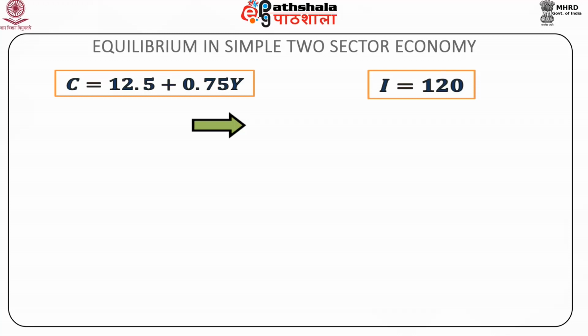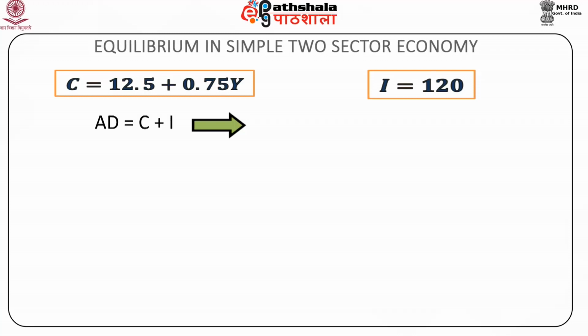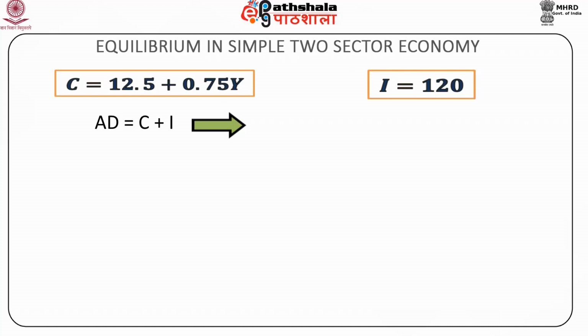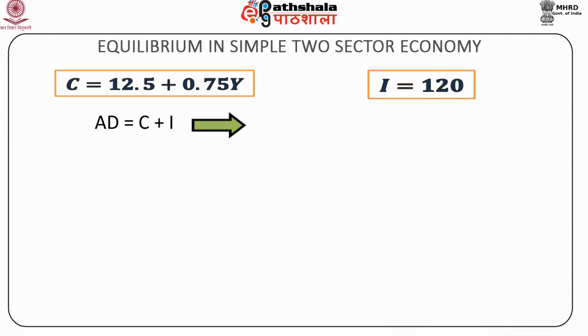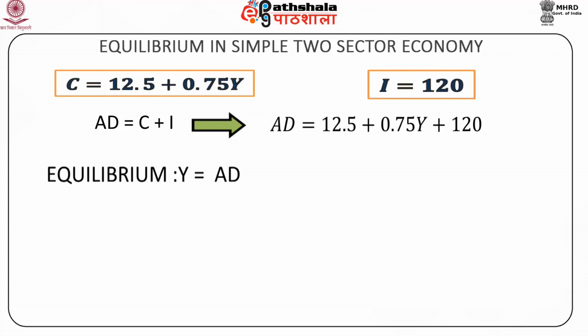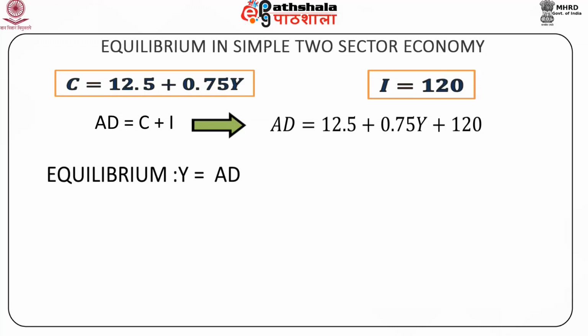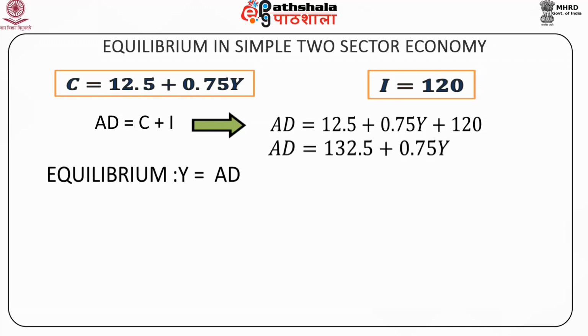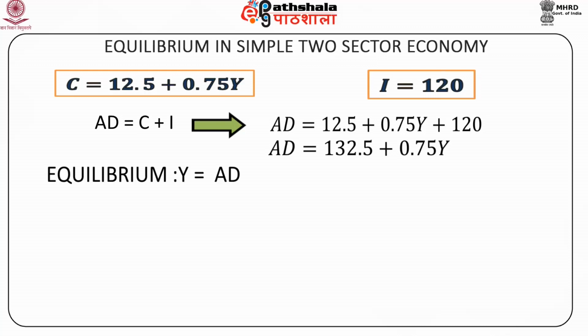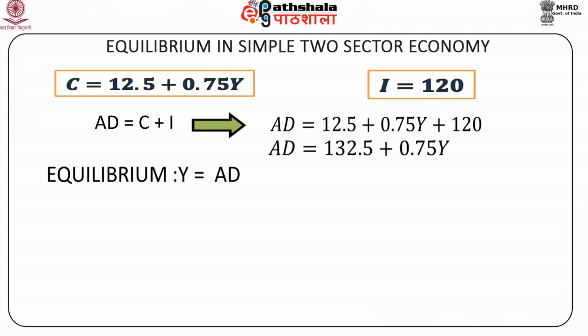We know that for equilibrium, y is equal to AD. That is, y is equal to 132.5 plus 0.75y. This gives us 0.25y is equal to 132.5, and the equilibrium y is 530.